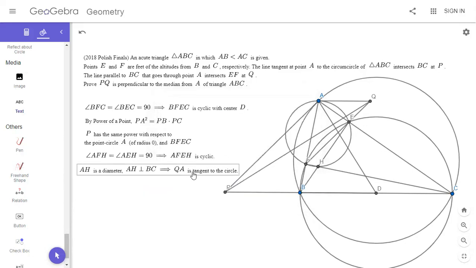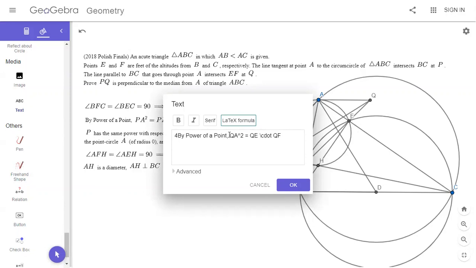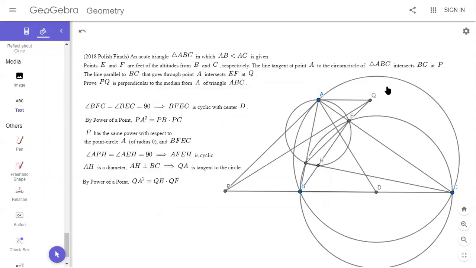And so we can use power of a point again. We have QA squared is equal to QE times QF. And so Q has the same power with respect to the point circle A and the circle BFEC.